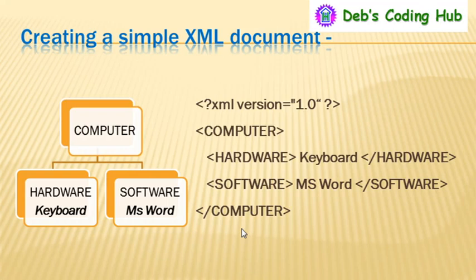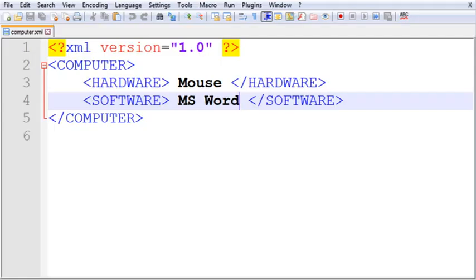Now let us try this in a text editor and see how to launch it in the browser and see the effect. So I've done it through Notepad++. You can use any other editor. So I've written the code in Notepad++, as you can see.